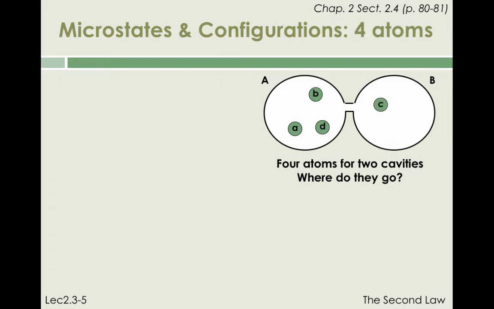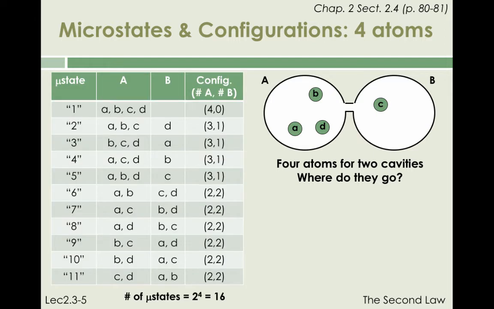We now examine the situation where we have to distribute four particles named A, B, C, and D in the two containers A and B. Following the same reasoning as on the previous slide, we can define a total of 16 microstates.